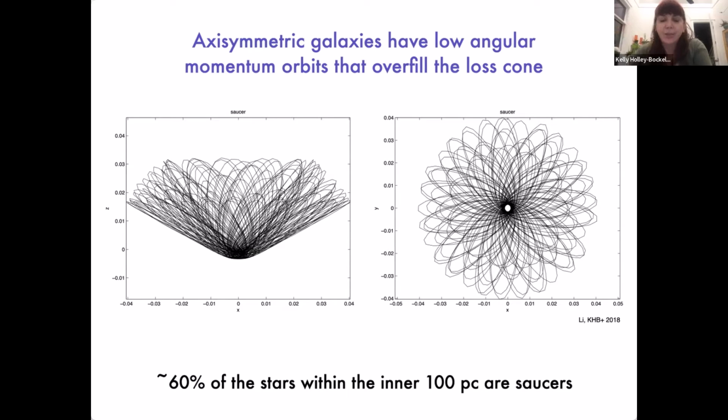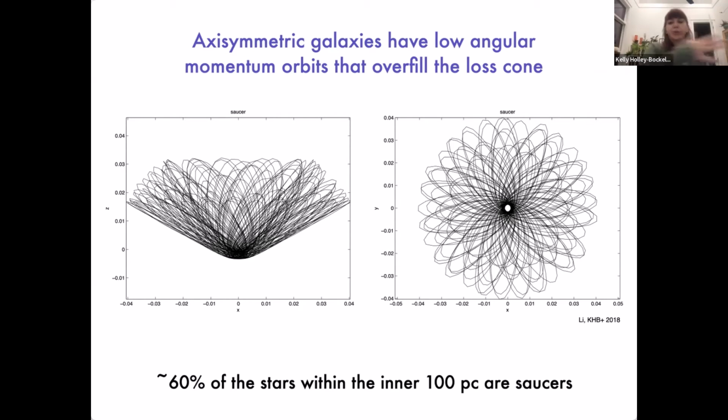And so here's an example of orbits that we found in a nice non-rotating axisymmetric galaxy. They're called saucers. We also found pyramids and a bunch of other cool orbits, but the big deal is that they're centrophilic, and that means they go towards the center quite easily, and so they can fill the loss cone pretty well. But also in many cases, especially in triaxial systems, the orbits don't have to conserve angular momentum at all.